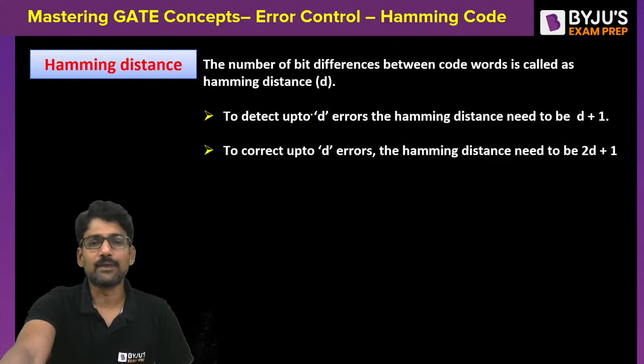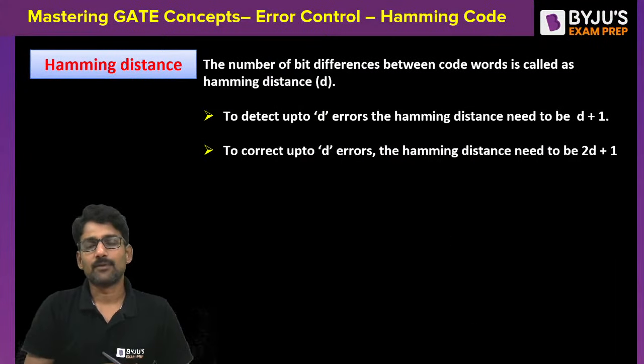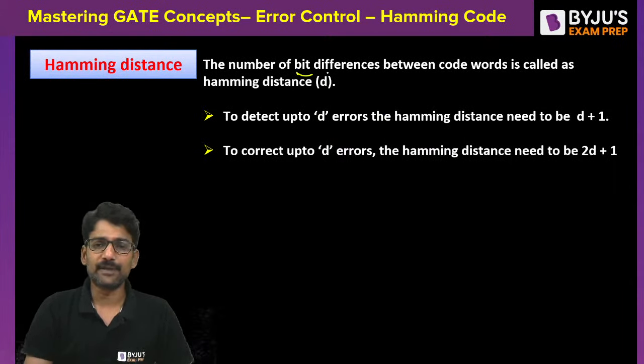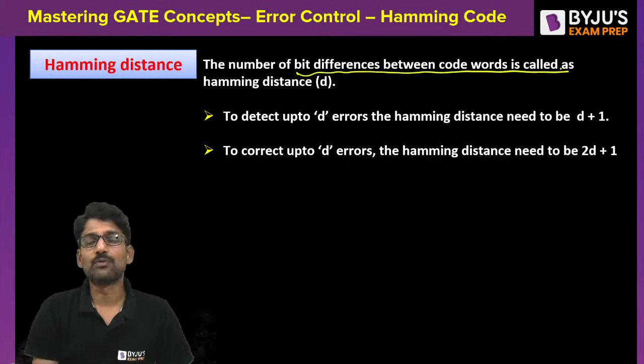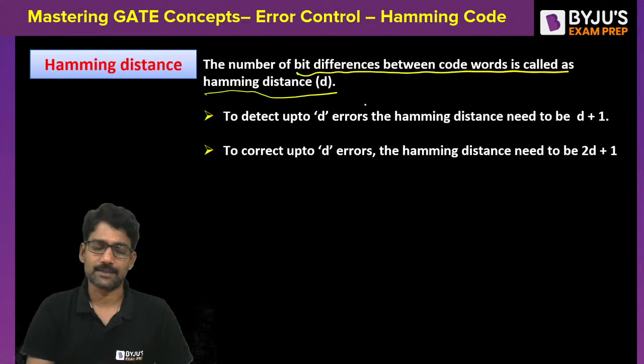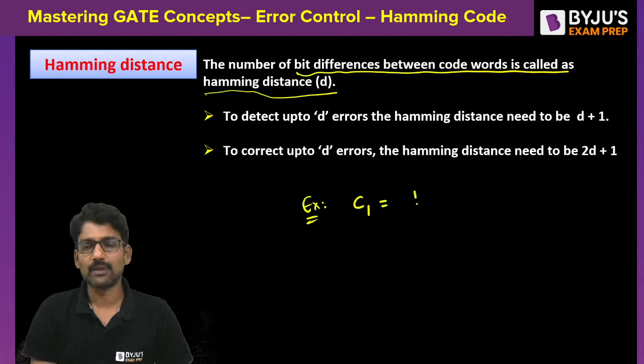And we have two more formulae kind. We can say the number of bit differences between code words, what we say that as Hamming distance. For example, let the code word C1 is equal to 110101.